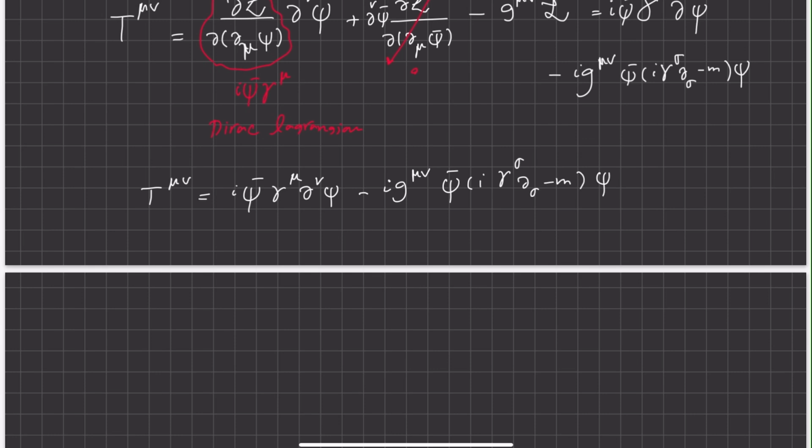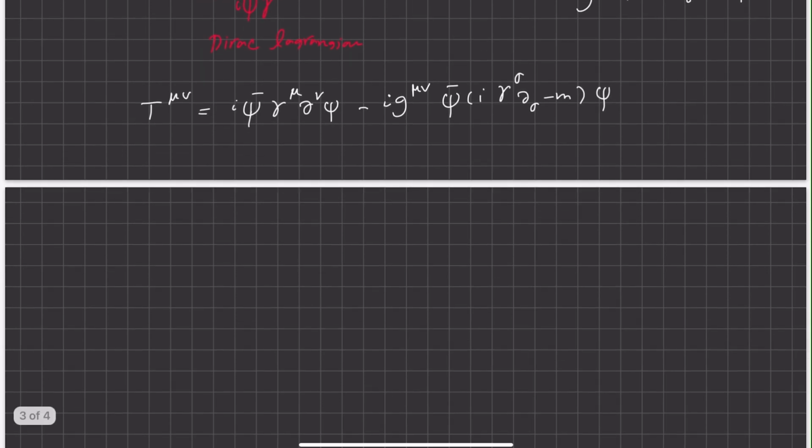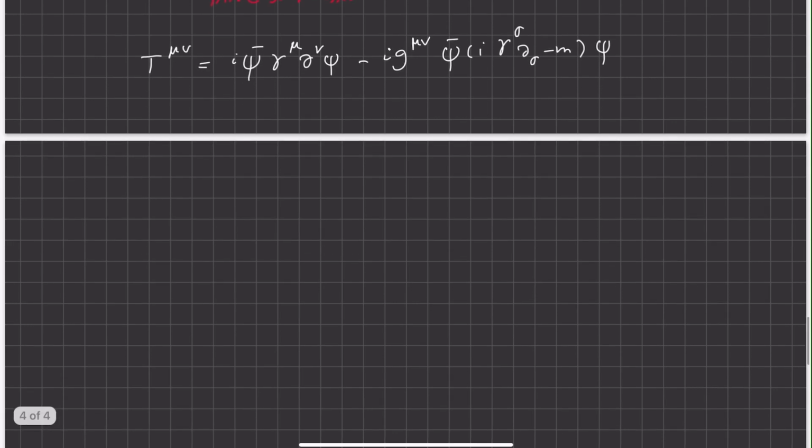Okay, so now I have the energy momentum tensor, and then I go to write down the definition of the angular momentum tensor. The angular momentum tensor, M lambda mu nu, is defined as x mu T lambda nu minus x nu T mu lambda.